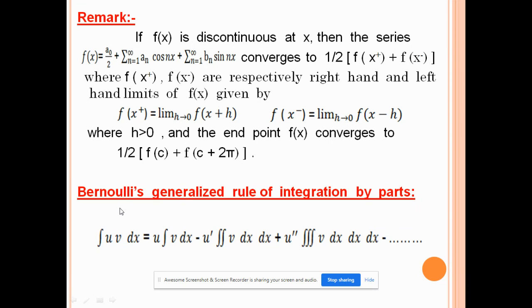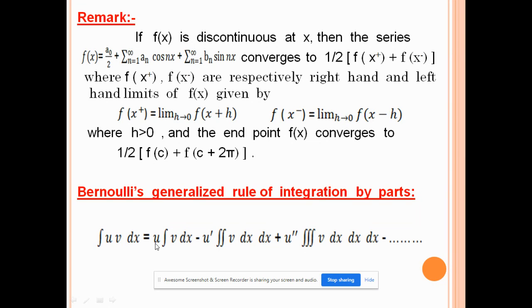Next, while solving examples, we have to know Bernoulli's generalized rule of integration. That is, integration of u into v into dx is equal to: keep u as it is. Here, consider u as the differentiating part and v as the integrating part.